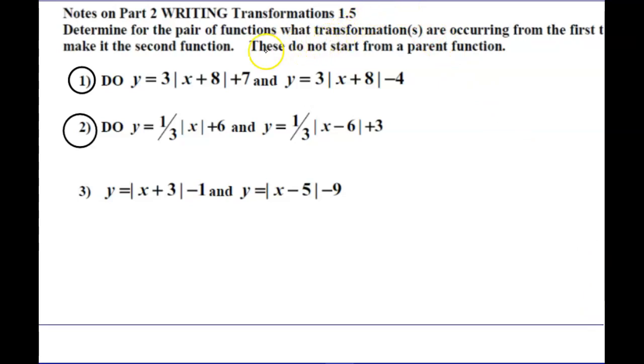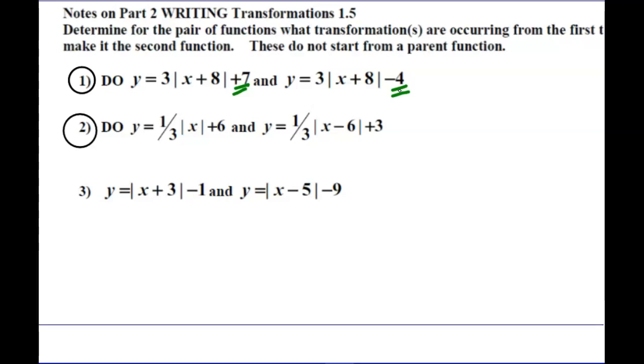All right. Determine for this pair of functions what happened to make the first one into the second. This is really something kind of tricky that I don't know that I would put on a quiz. The first one doesn't really bother me. What changed from here to here? What did that do? If it used to be up 7, where is it now?